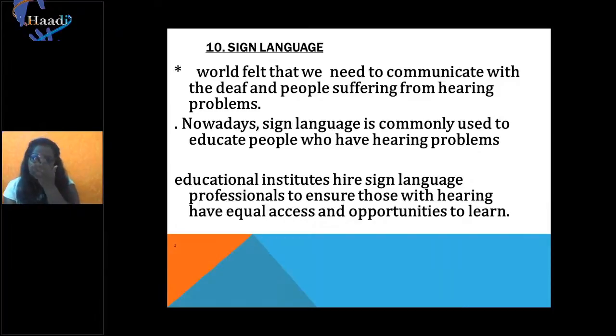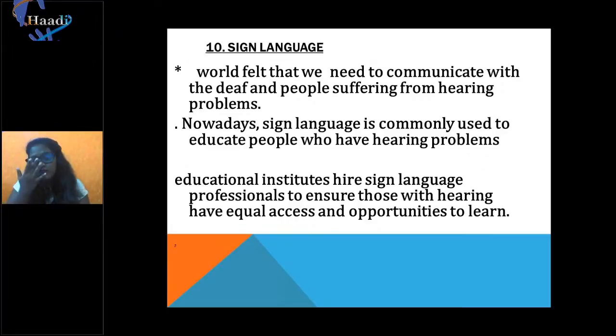The tenth one will be sign language. Sign language is used for communicating with deaf people and people who are suffering from hearing problems. Nowadays, sign language is commonly used to educate people who have hearing problems.